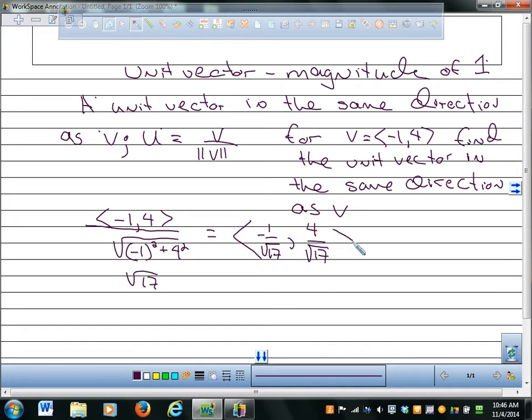If you want to rationalize it, you rationalize it. If you don't want to, that's fine too. If I took this squared plus this squared, I should get 1.